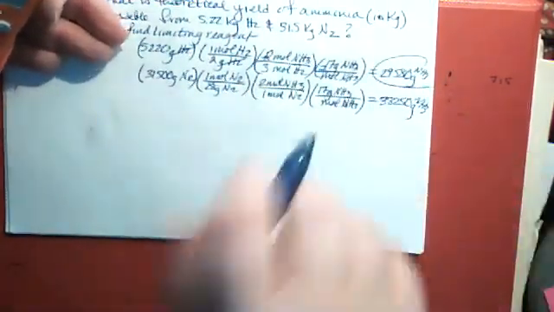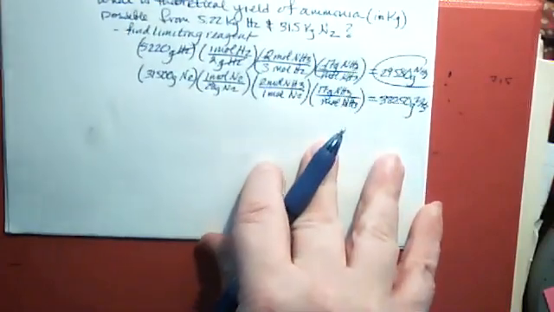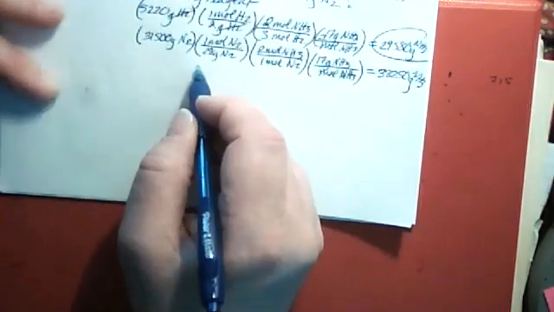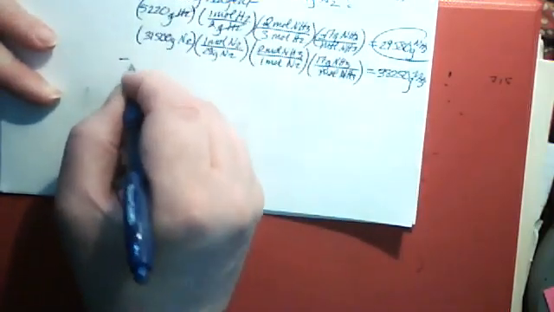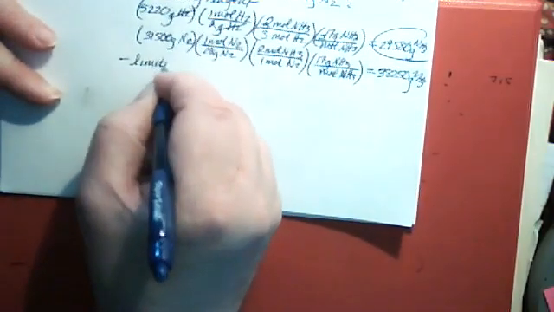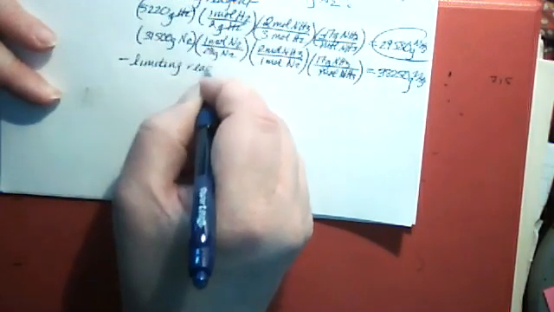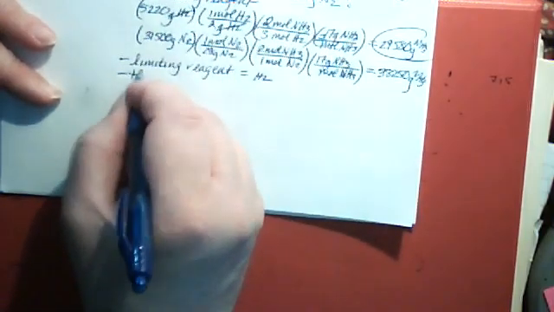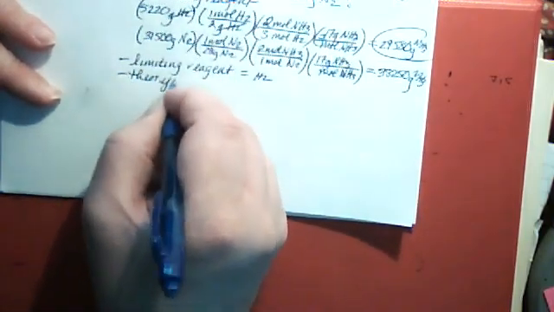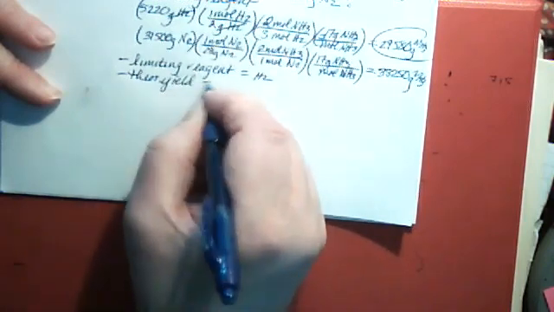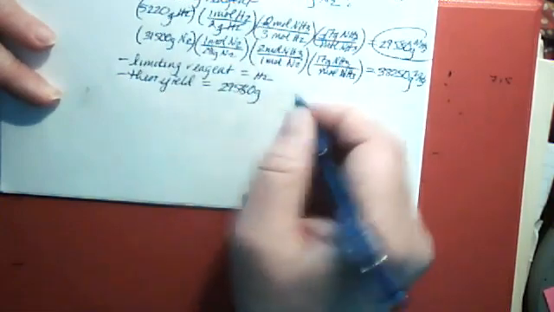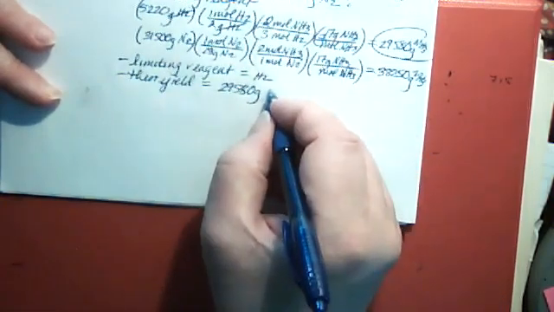Of those 2 numbers, clearly the first one is smaller, the 29,580. And so that is our theoretical yield. And the limiting reagent is hydrogen. And the theoretical yield is 29,580 grams.